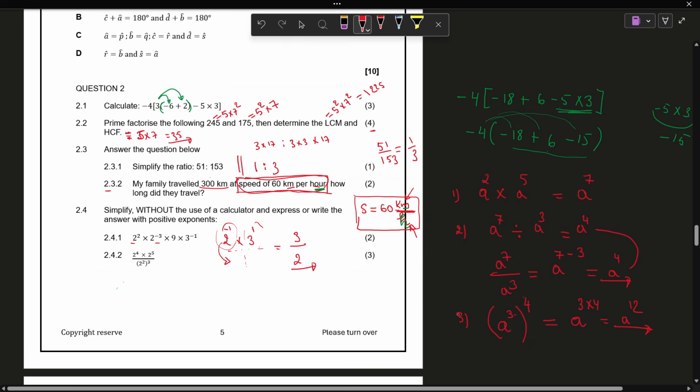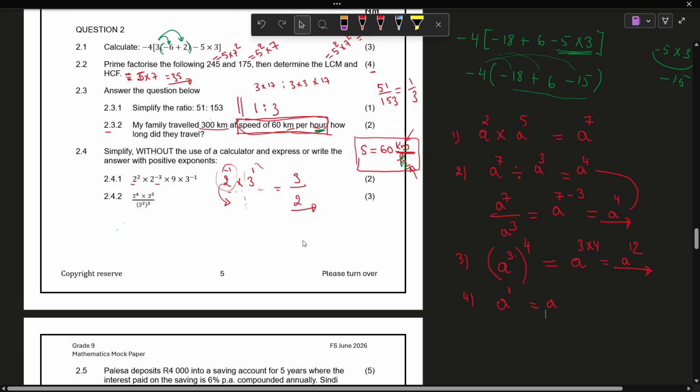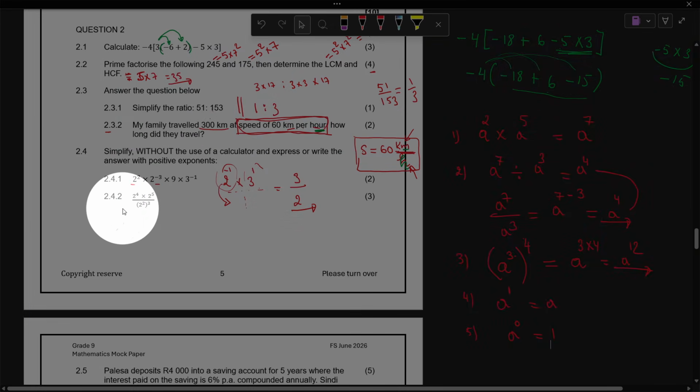I can also mention what a exponent 1 is. It's just a. And what is a exponent 0? It is 1. Right? I think here you've got all the laws. Now let's come back to this exercise, because I was just recapitulating quickly for you to remember all these laws.